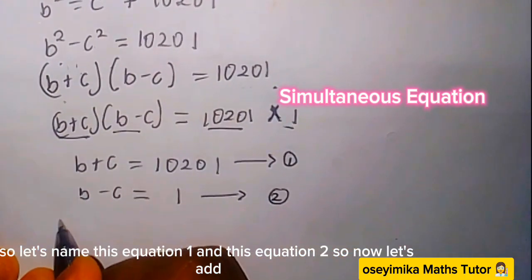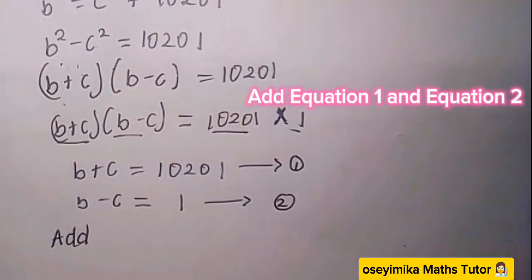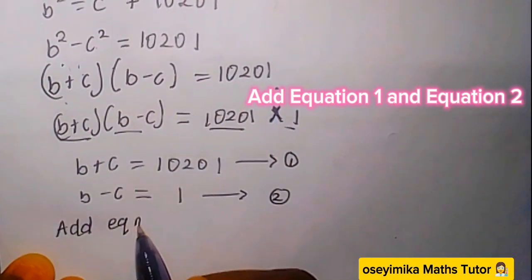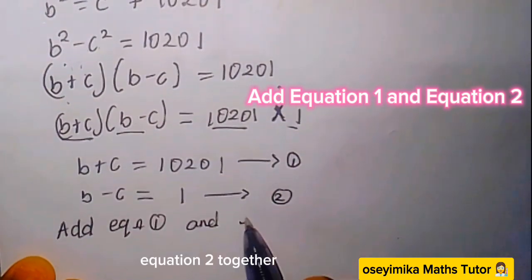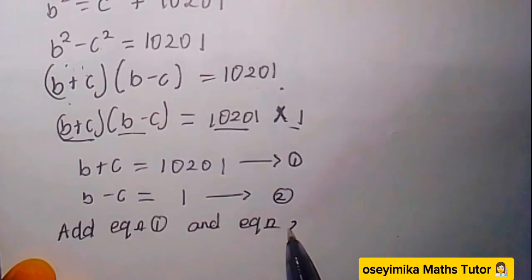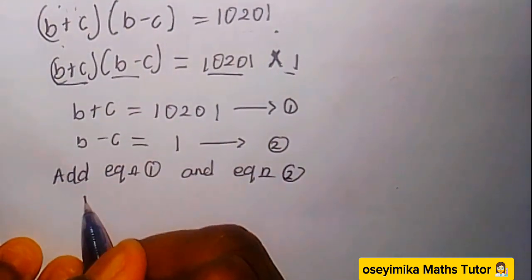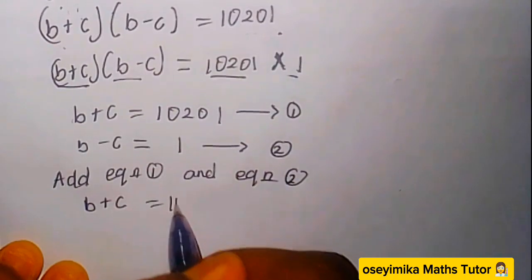Now let's add. Our form is a simultaneous equation, right? So we're going to be adding equation 1 and equation 2 together. Equation 1 is B plus C equals 10201.